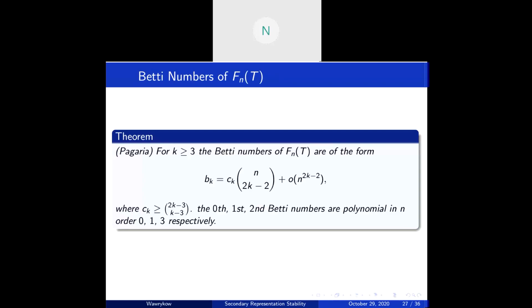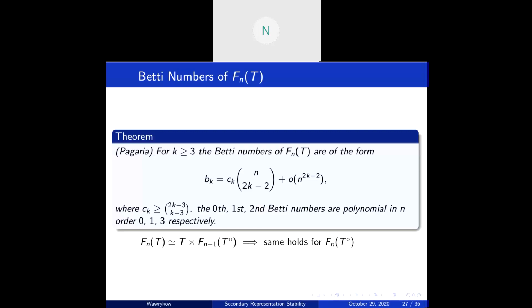It never becomes 0. It never becomes of lower order. And if you think about the 0th, 1st, and 2nd Betti numbers, these are also going to be polynomials, but they're going to be polynomials of order 0, 1, and 3. So we wanted to use this to give some result about the once-punctured torus and its ordered configuration spaces.